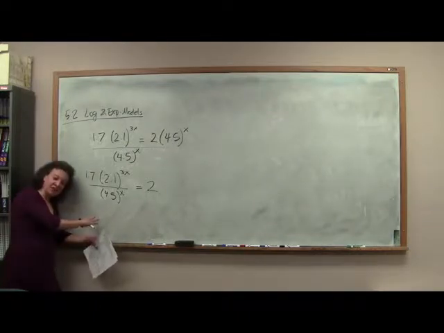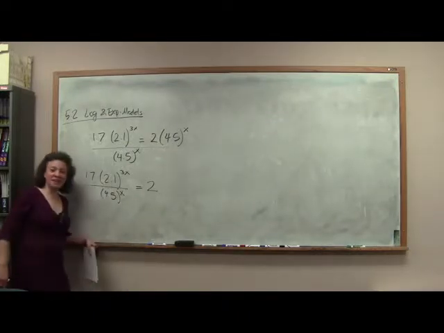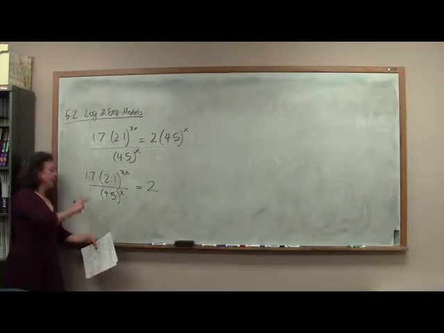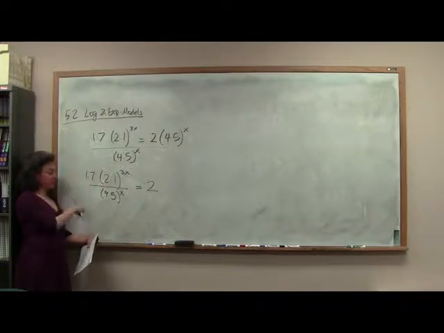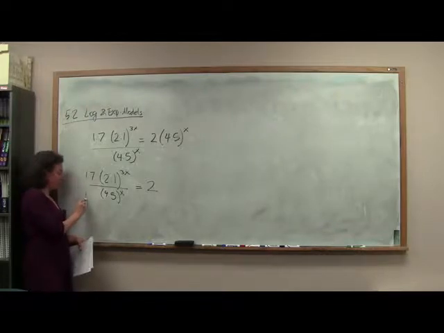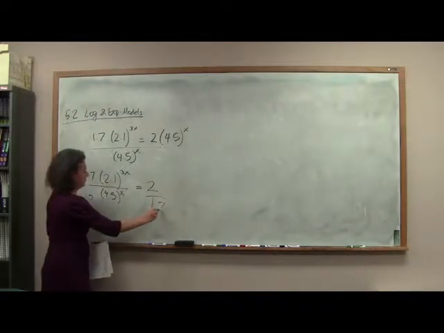Now, our left side looks like a wreck, and our right side looks pretty nice. Thing is, again, we want all of our exponentials alone, so we want to get rid of this 1.7. So what I'm going to do now is divide both sides by 1.7.